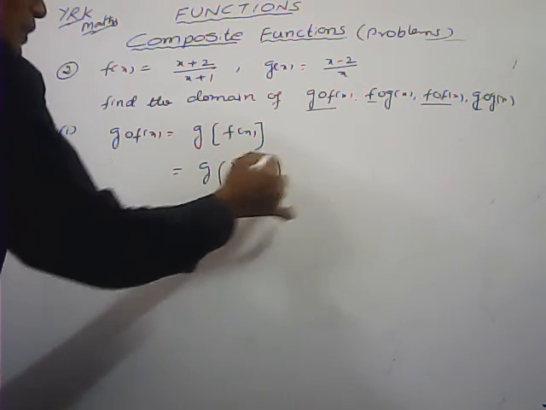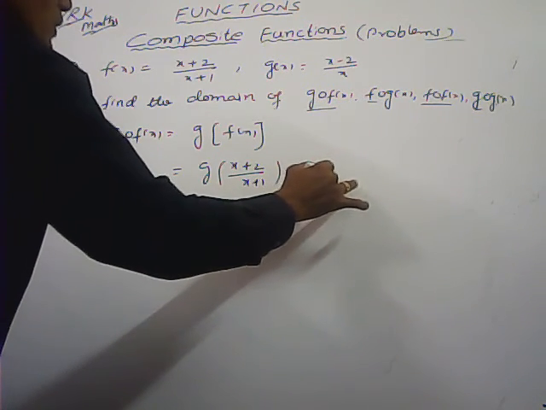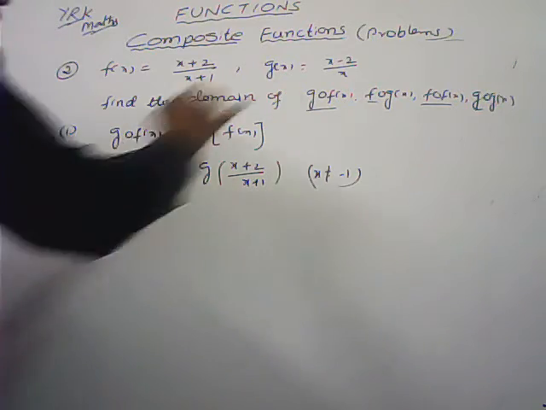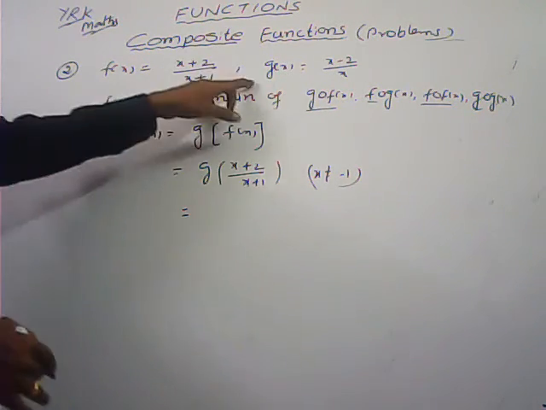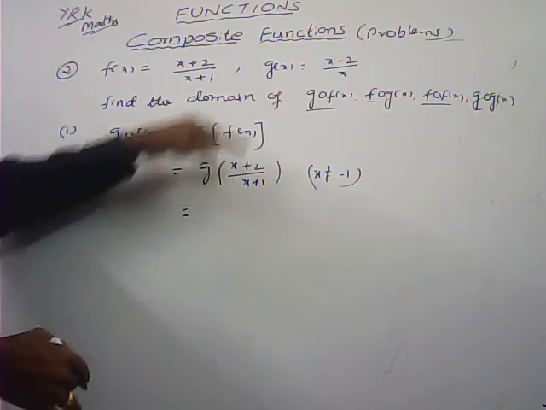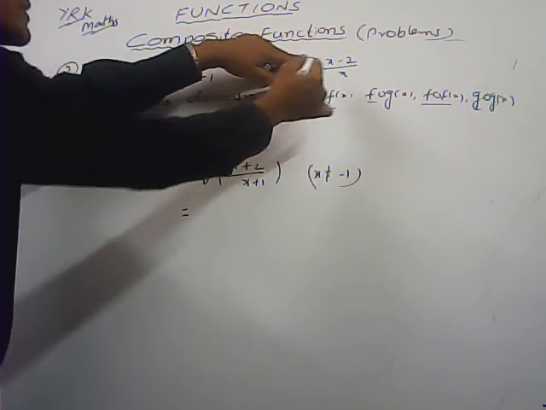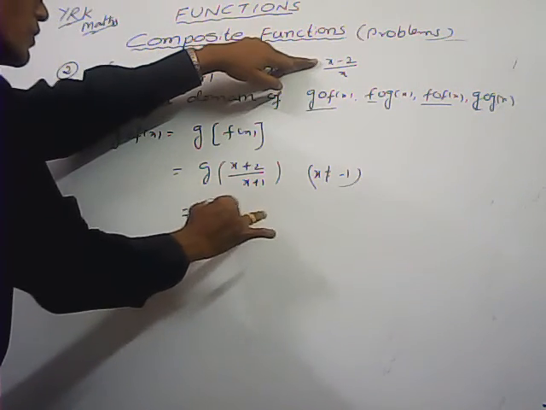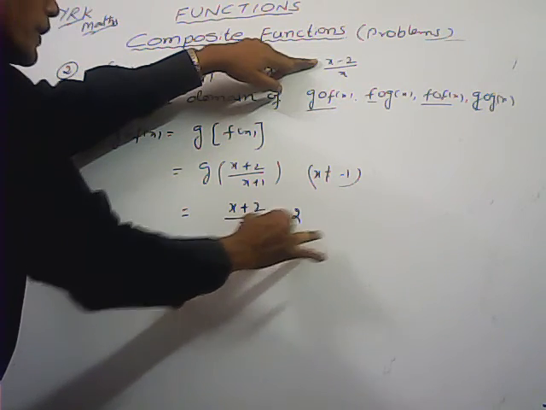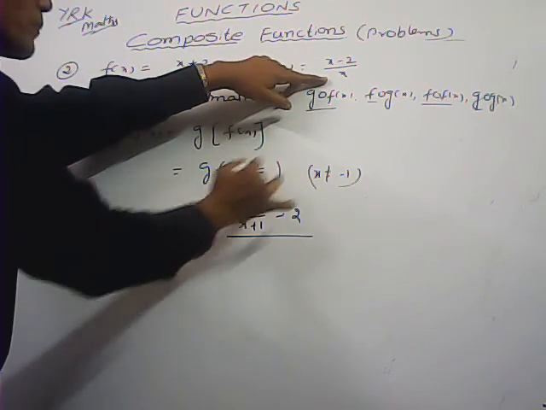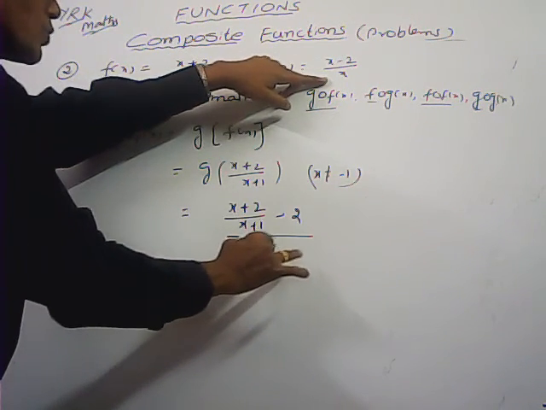So here this one doesn't exist for x equals minus 1; x should not be equal to minus 1. Now while writing the g function, in the place of x you can replace this one. Here x is there, in the place of x you can write x plus 2 by x plus 1, minus 2 by, in the place of x you can replace x plus 2 by x plus 1.